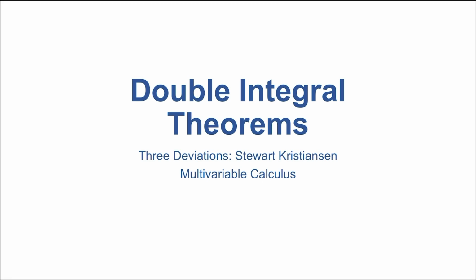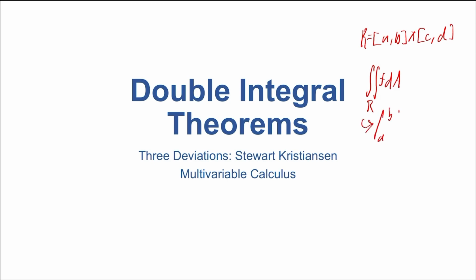Now, in the last video we talked about how we could perform an iterated integral such that if I had a double integral over a region of a function with respect to some area element, and that was a function of x and y, and I knew the rectangle that I'm integrating over, to define that rectangle as a Cartesian product, R is equal to [a,b] × [c,d], then I could write that integral as the integral between a and b times the integral between c and d, f dy dx.